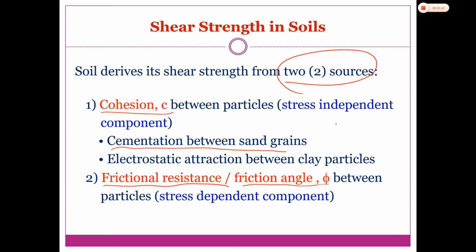So there is no cementation yang membuatkan dia boleh melekat rapat like fine particles. So the cohesion between the particles for sand and gravel is normally equal to 0 or a very small amount. Compared with the fine soils, normally the C value is more than 0.